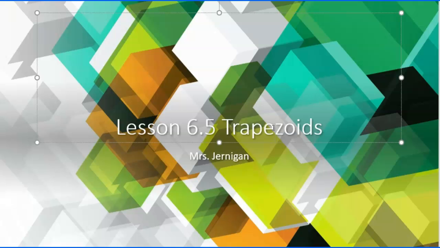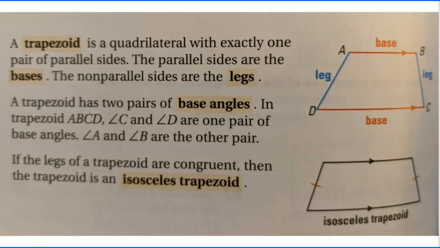So look at page 332, and we are going to begin with some definitions. So let's begin at the top. Now, a trapezoid is a quadrilateral, so we know that that's got 4 sides, with exactly one pair of parallel sides.